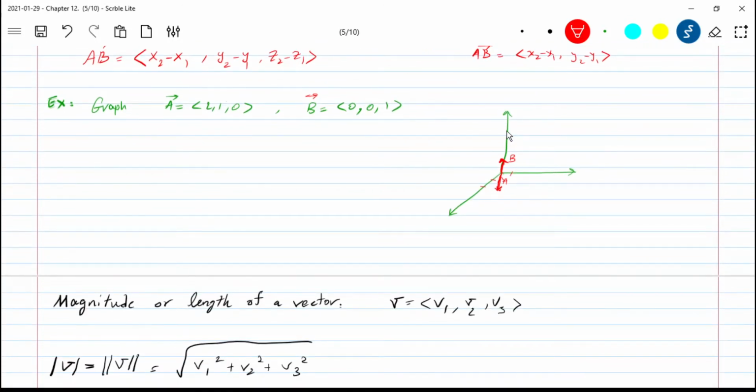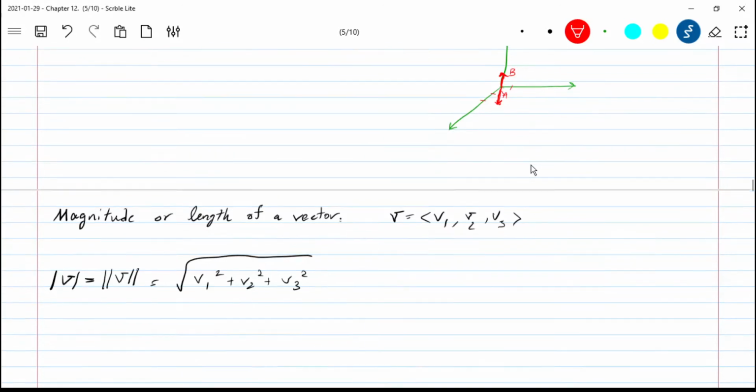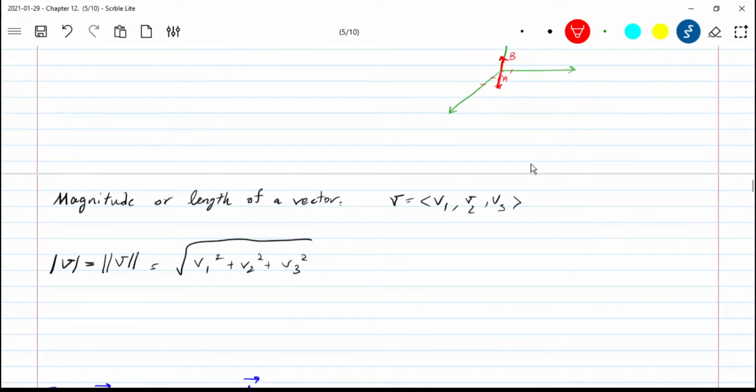Okay, what we care about in the vector is the direction and the magnitude. Magnitude is basically the length of the vector. So how do we find the length of the vector? And this is something that we talked about in the last section. If you have 2 points, the initial and terminal, how do you find the distance between those 2 points? We noticed the distance formula, let me write this again.